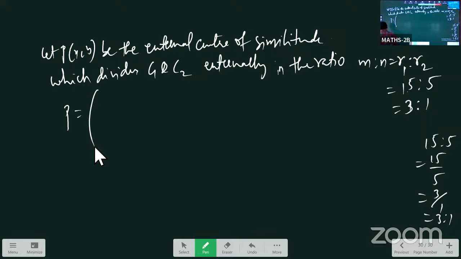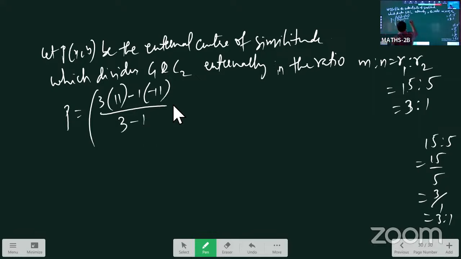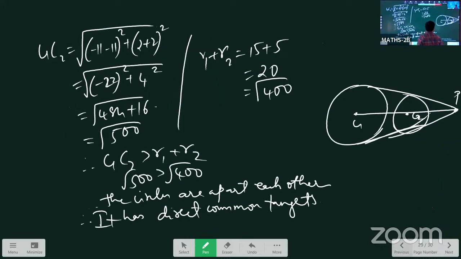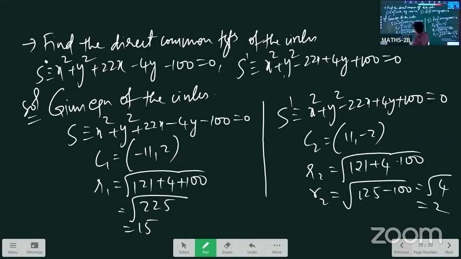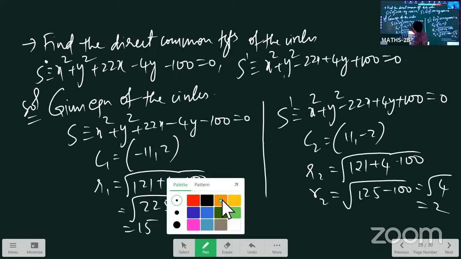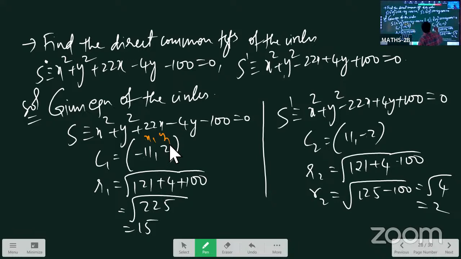P is equal to (mx2 minus nx1) divided by (3 minus 1), comma (3 minus 2). You can see your previous board. This is your x1, y1 and this is your x2, y2.